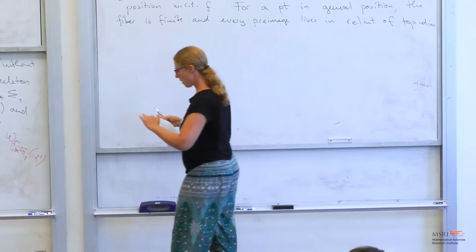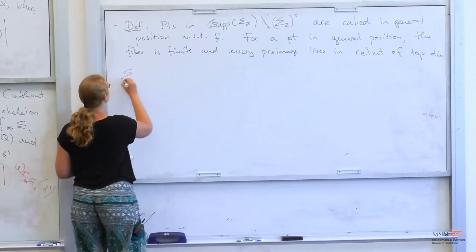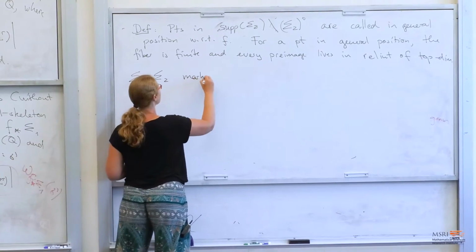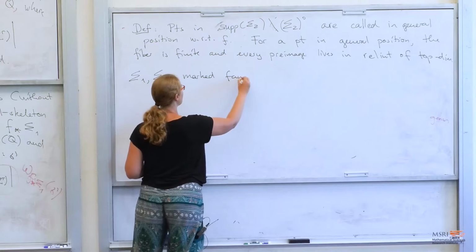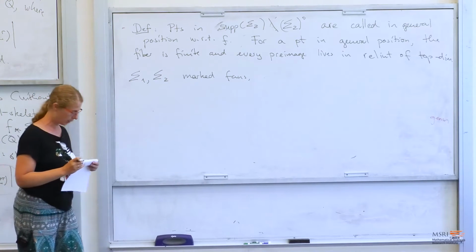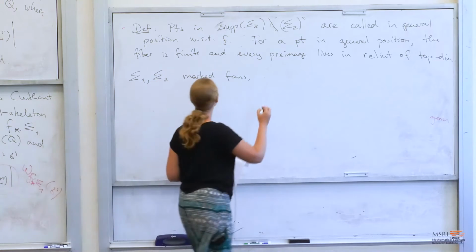Now what if sigma 1 and sigma 2 are marked fans? This is a situation we like, because our tropical moduli space is going to be a marked fan.